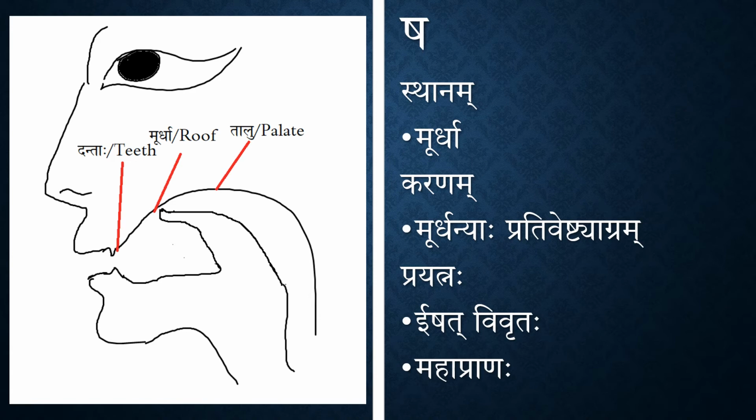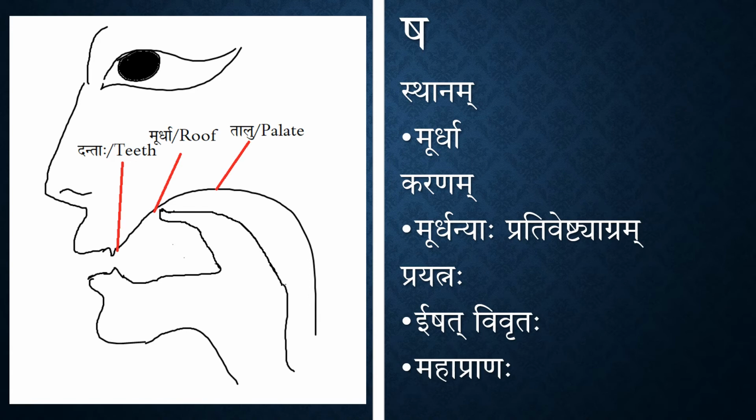The sh. So you can try that sh. This is similar to the other letters which have the same sthanam: ta, tha, da, dha, na. They all have the same sthanam, that is murdha. But there is a difference here.